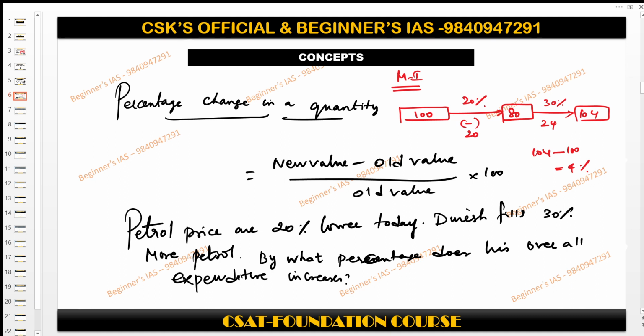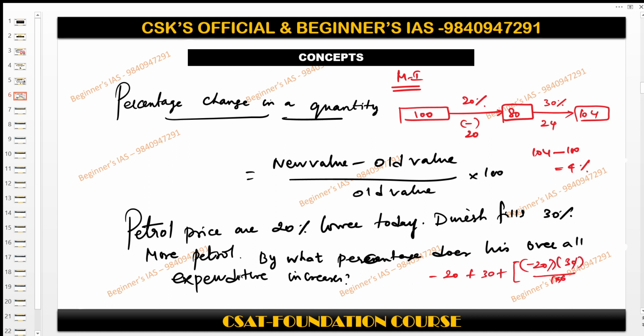You can use this method, or else you can use another method also. I will tell you that one. So 20 decrease, minus, and your 30 increase, plus. In a bracket you put a plus or minus: here minus 20, here plus 30, divided by 100.